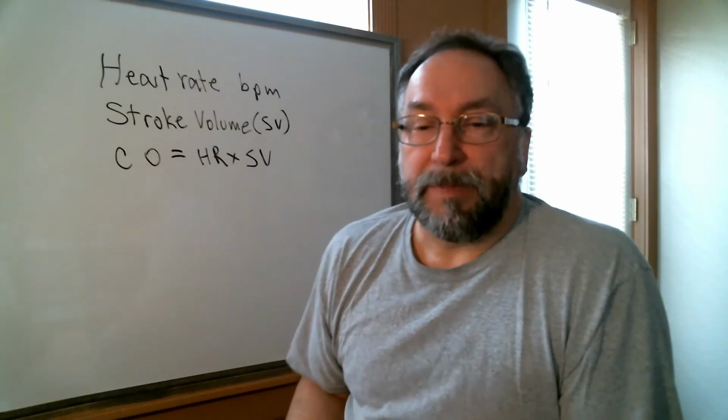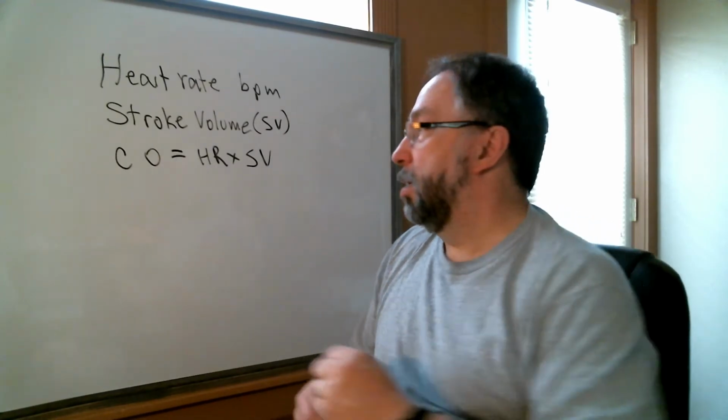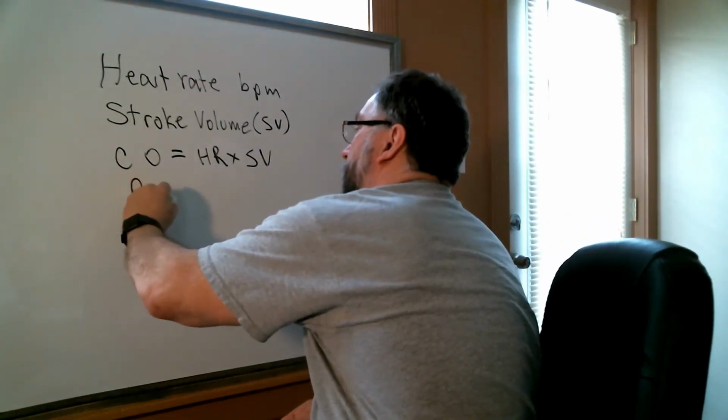So it's sitting there like this, and it gets blown up like that right before it beats. How much pressure is in that? That's your preload. How much blood do you have in there? So when you get an increase in blood return to the heart, you have a higher preload, right? And that's what your preload is. So you should know that.